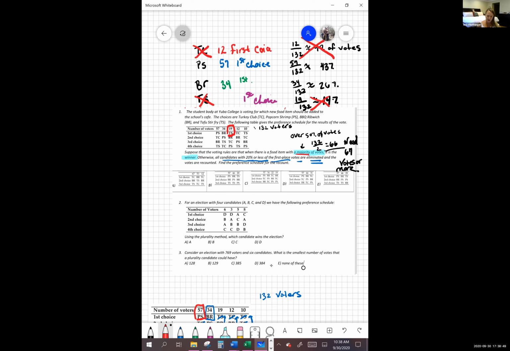Oh, but 29. So 29. So that could have been where I went wrong. Shoot. So 29 out of 132. That's 22%. So that's where I went wrong.